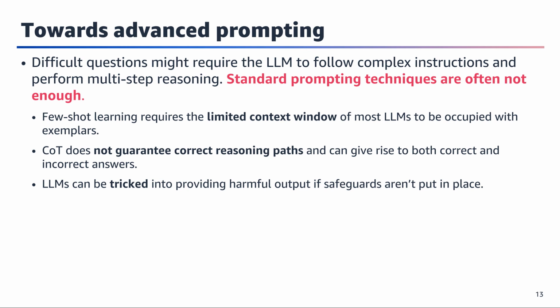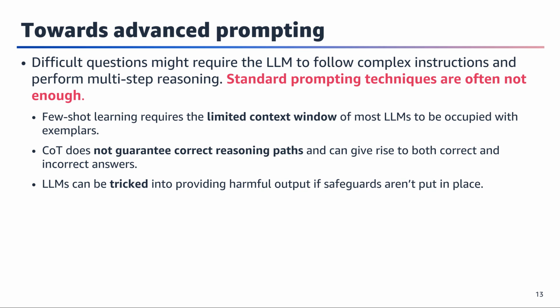Complex tasks may involve intricate logical reasoning, combining multiple concepts, or following intricate step-by-step procedures. Standard prompts, which typically provide a single instruction or a few examples, may not sufficiently guide the model through such intricate processes. Few-shot learning, while useful for demonstrating the desired output format, can limit the available context for the actual input, especially for large language models with a fixed context window size.